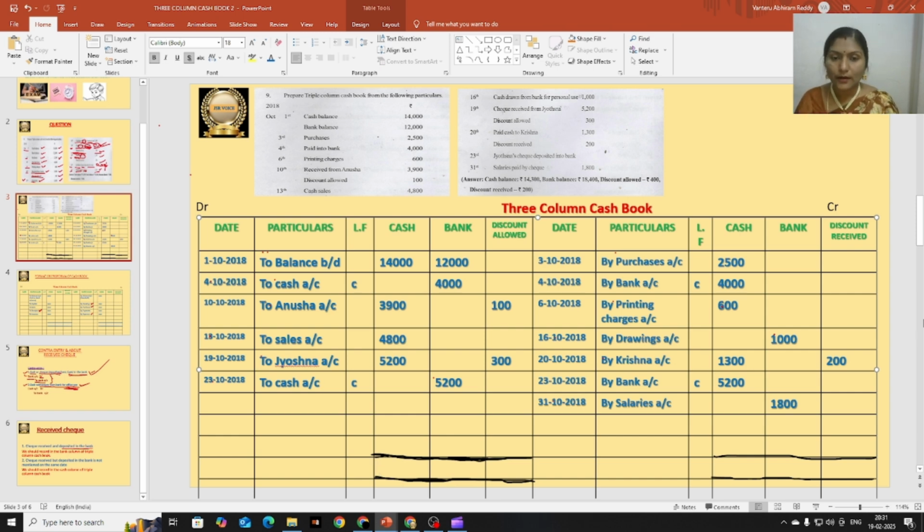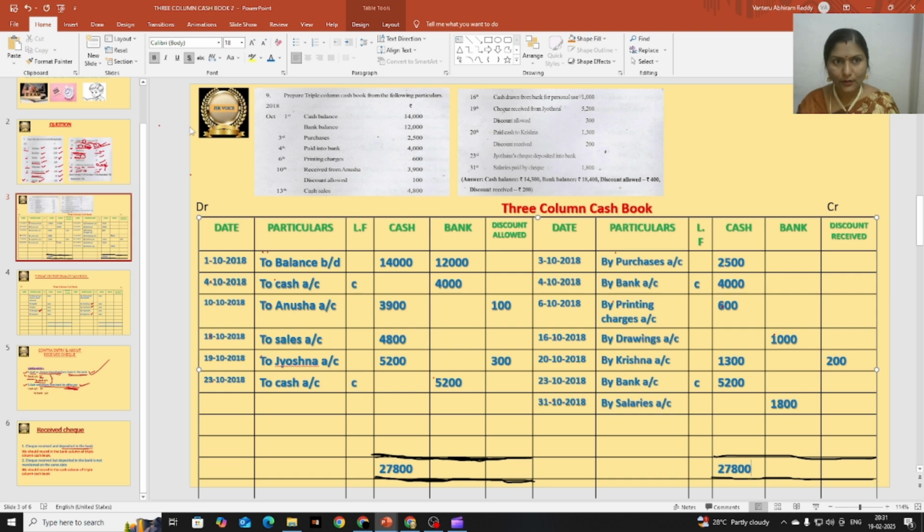Now you tell me, debit side it is 27,900. Credit side cash column total is 13,600. Which is more? Debit side amount is more. More amount we should write on both the sides in total. So it's 27,900. I will record it on both the sides in the cash column.